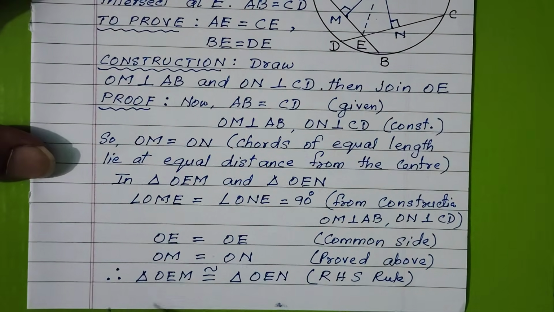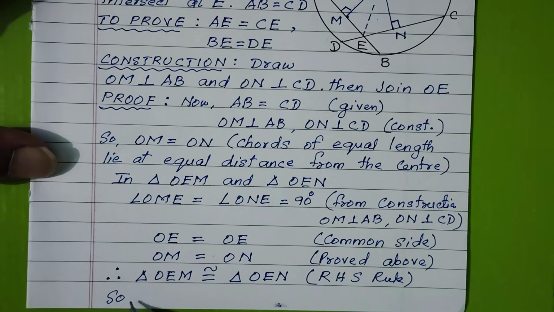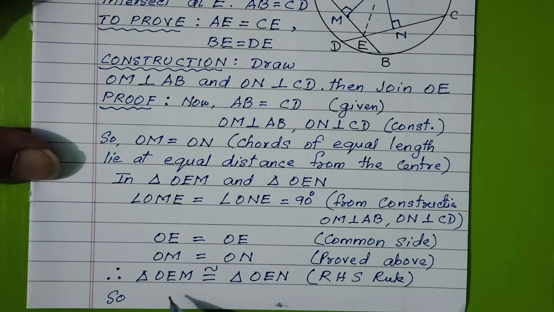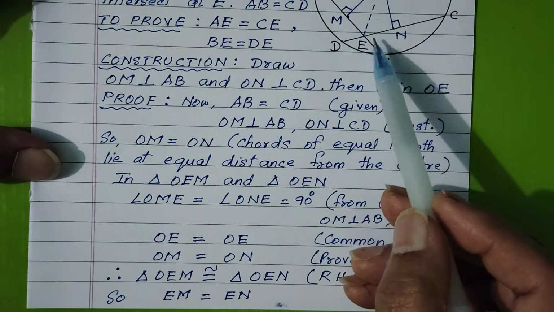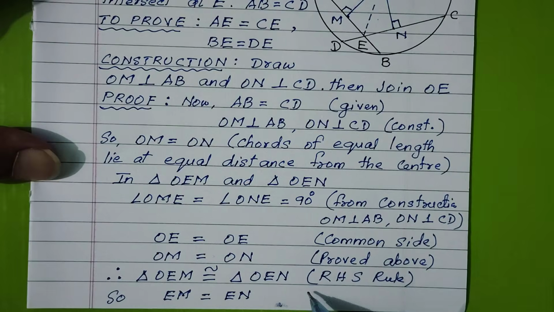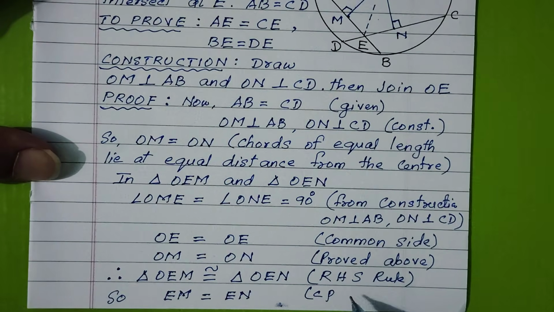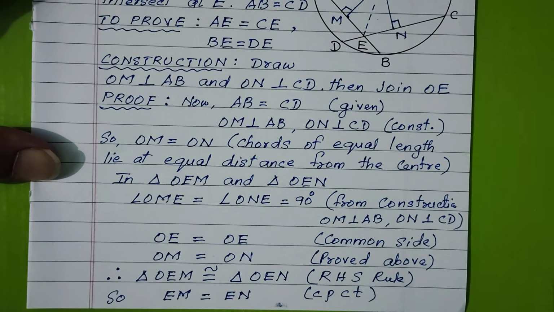So EM is equal to EN. You can see here EM is equal to EN. Why? CPCT. Corresponding parts of congruent triangles are equal. So I will name this equation as 1. EM equal to EN.